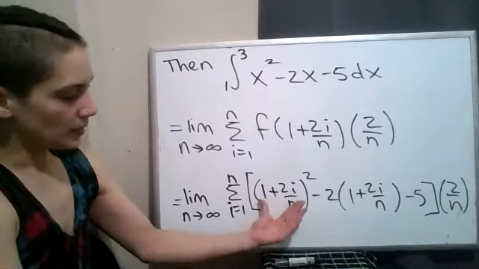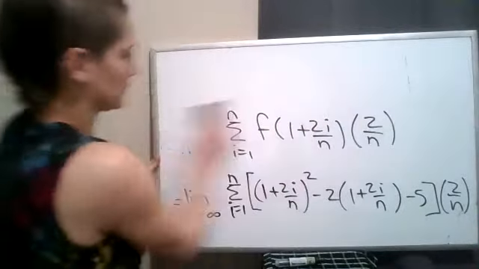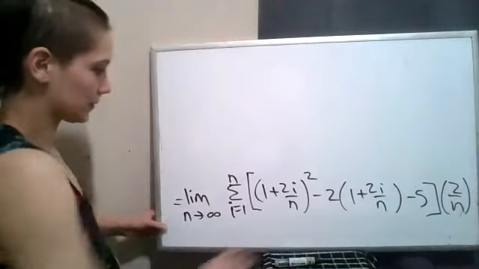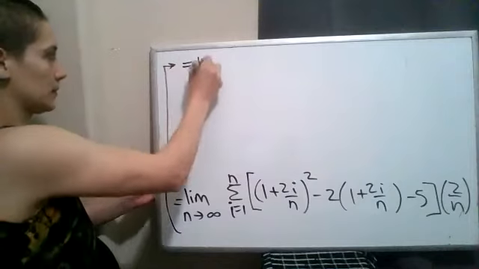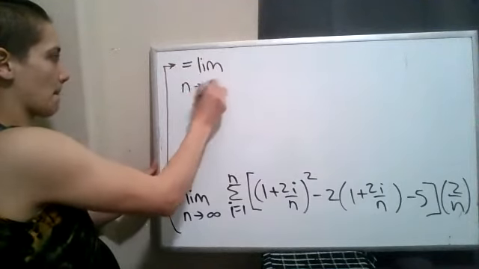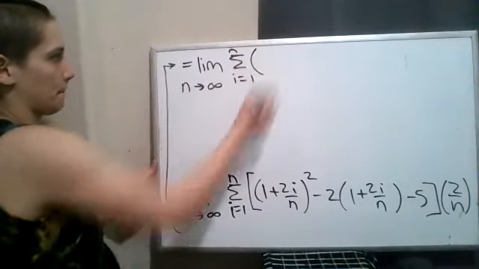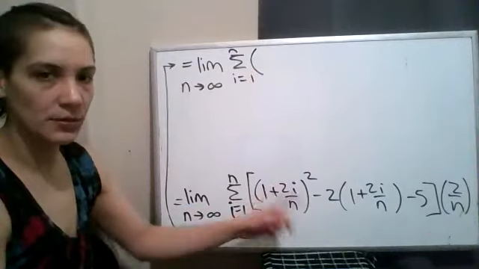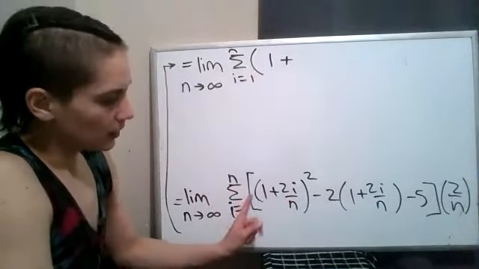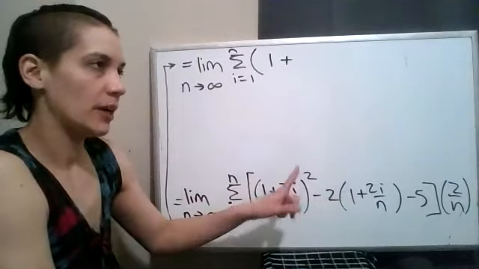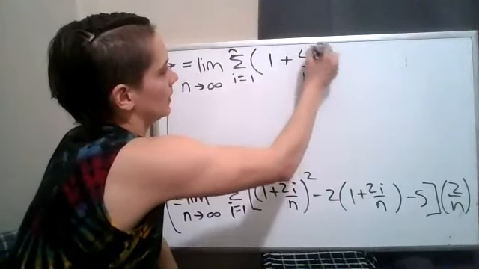Cool. So let's square this. So you get 1 times 1, which is 1, plus 2i over n and another 2i over n, which is 4i over n.